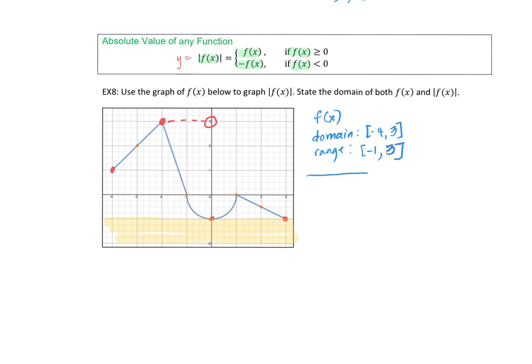And now I'm going to draw all over this graph when I draw my absolute value function. If I were looking at the absolute value of f of x, all that's saying is that wherever you have negative y values, you're going to make them positive.